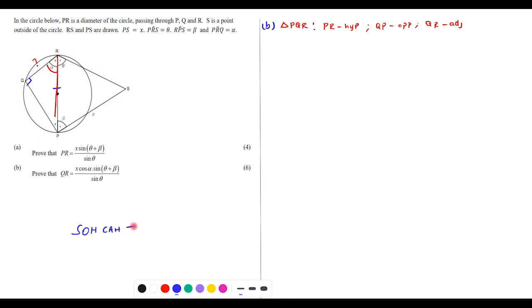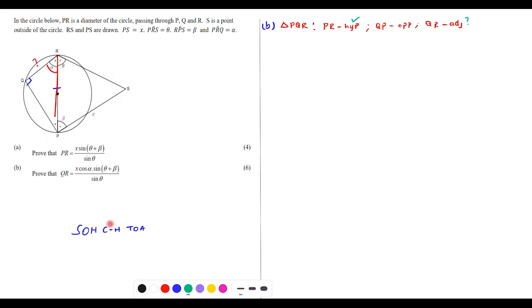Alright, let's go ahead and do that. I want to find QR, so I have an adjacent, and I have a hypotenuse. According to SOHCAHTOA, the trig ratio that has both adjacent and hypotenuse is cos, right?